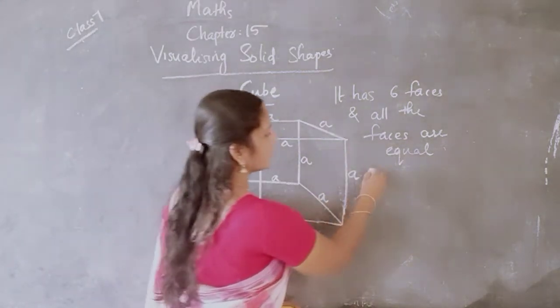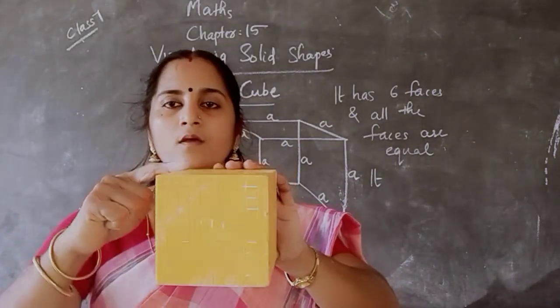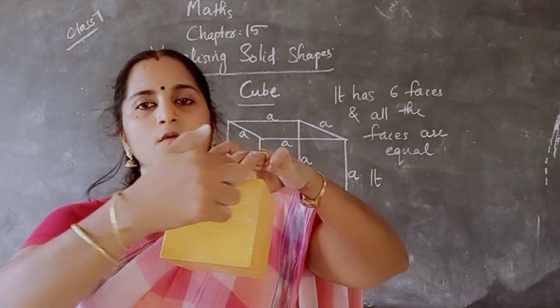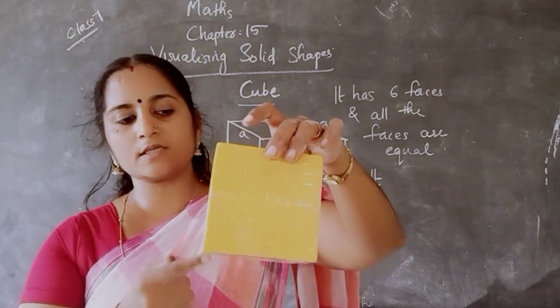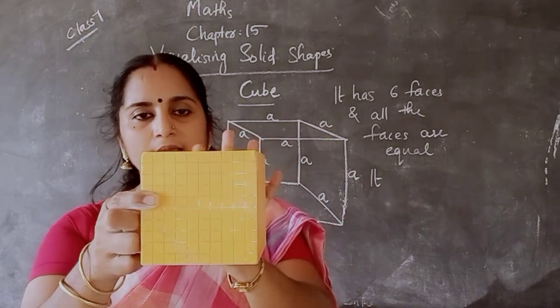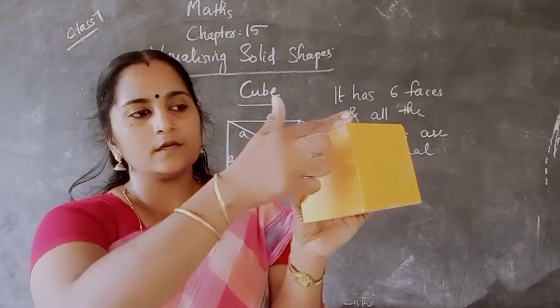How many edges are there? 1, 2, 3, 4. Then 5, 6, 7, 8. Then back side 9, 10, 11, 12.